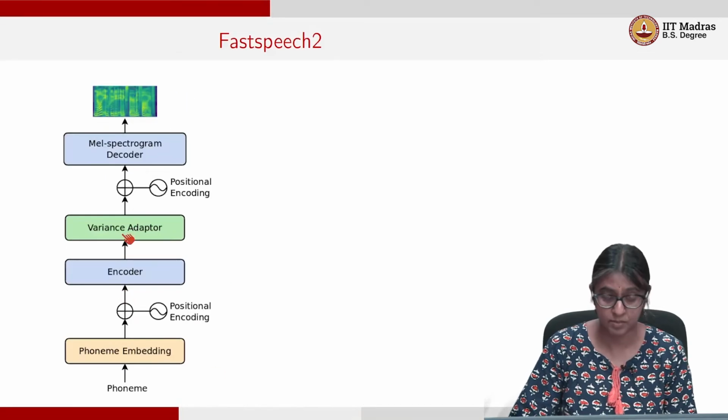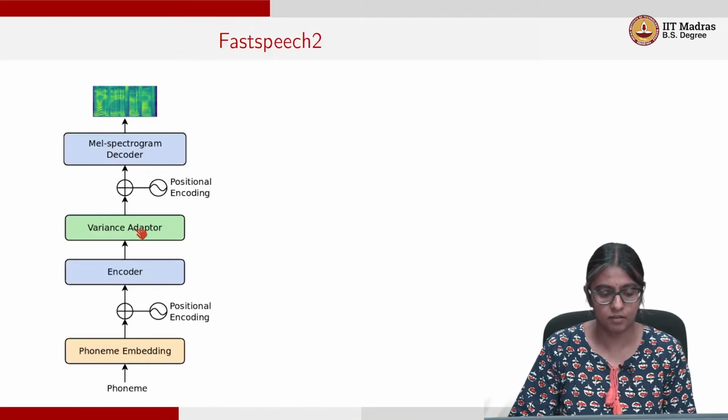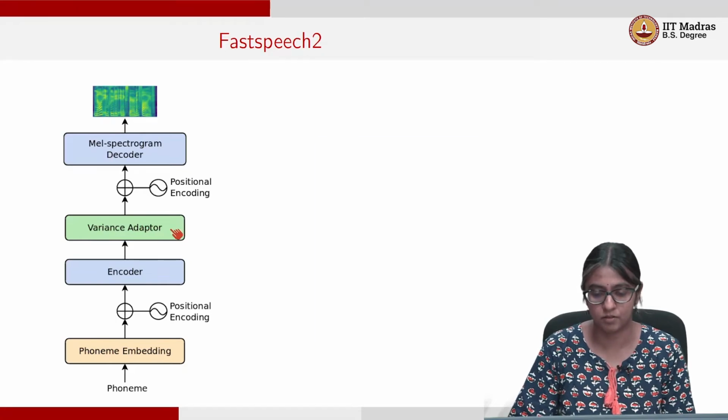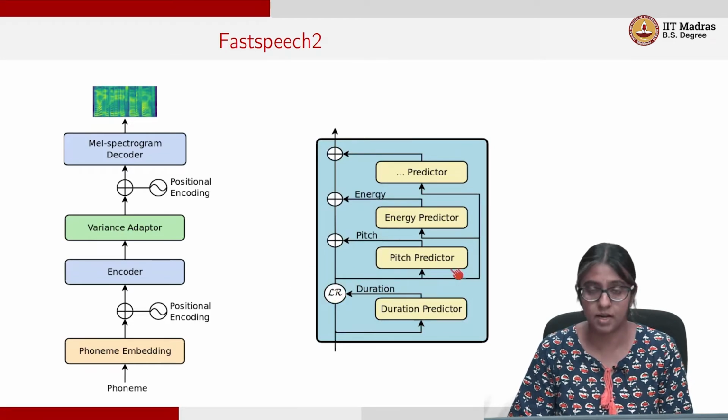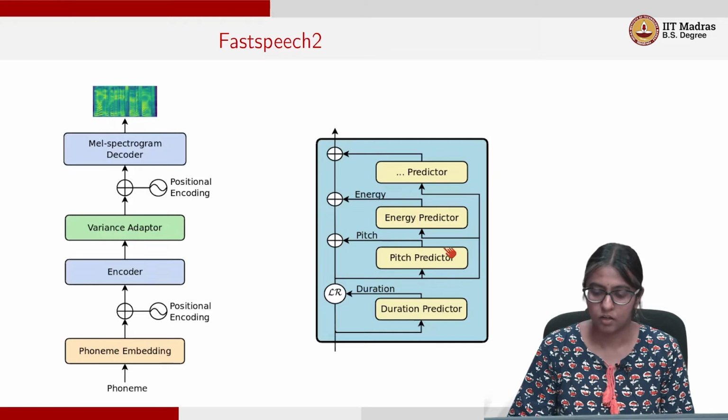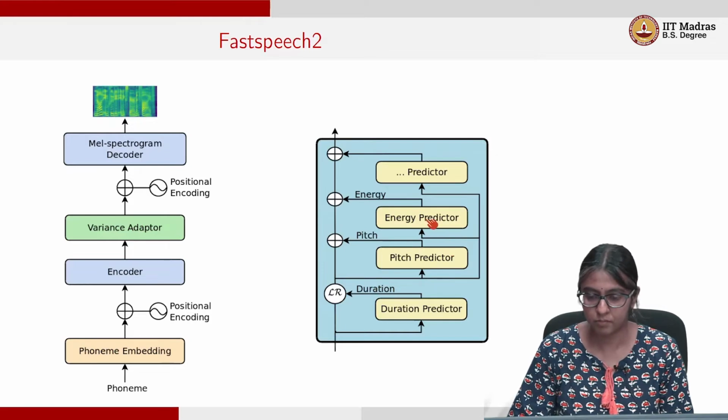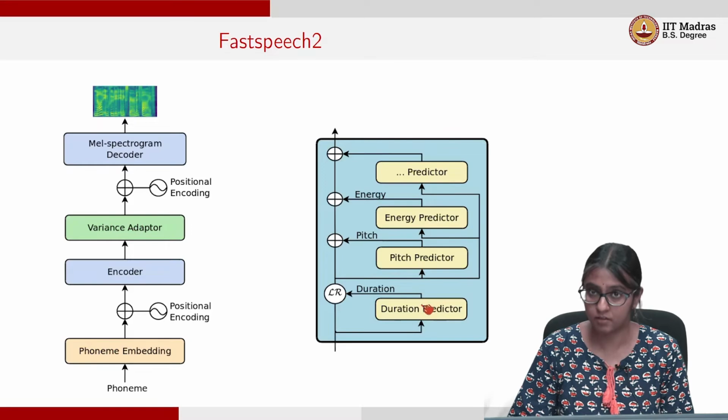It is similar to FastSpeech, except that here in the output you have the ground truth Mel spectrogram, and the variance adapter contains energy and pitch information too, pitch prediction and energy prediction. So yeah, here you have the duration prediction, length regulator. It produces the same number of frames as that in the Mel spectrograms, and then you extract pitch from it, you extract energy from it during training, and then these energy predictor, pitch predictor, duration predictors are learned.